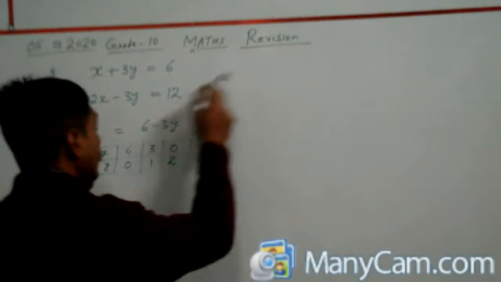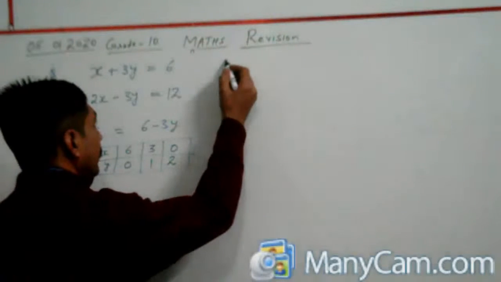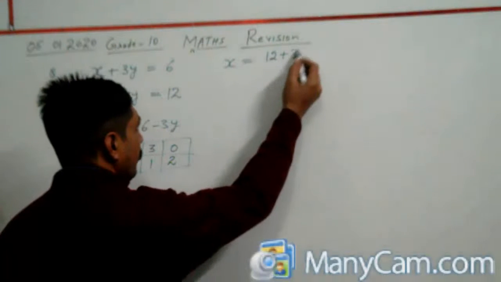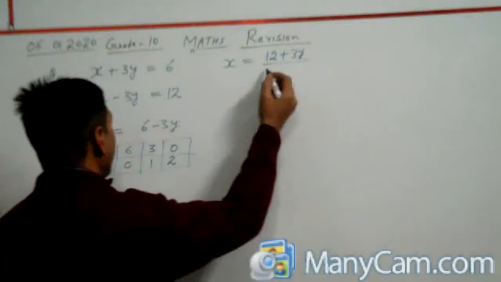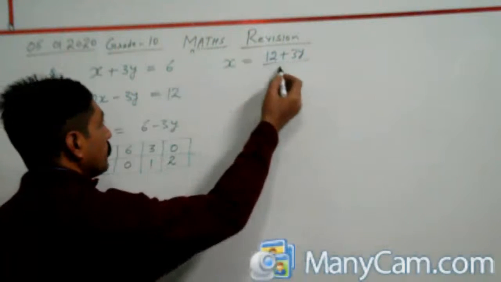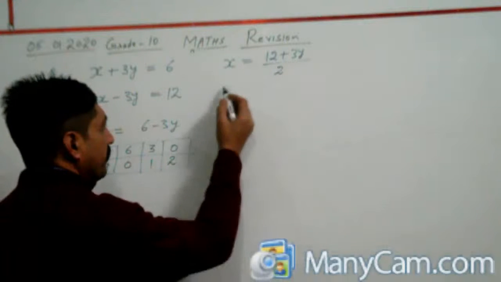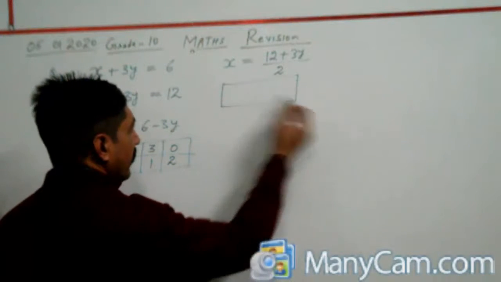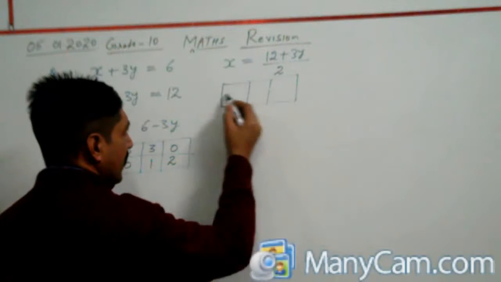Similarly, for the second one we can write x is equal to 12 plus 3y divided by 2. We find the solutions for this line in the same way.